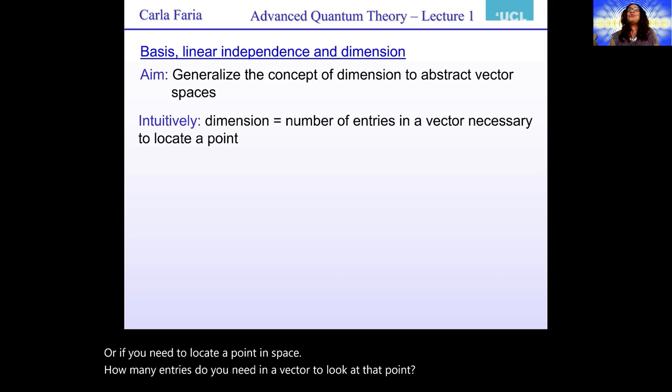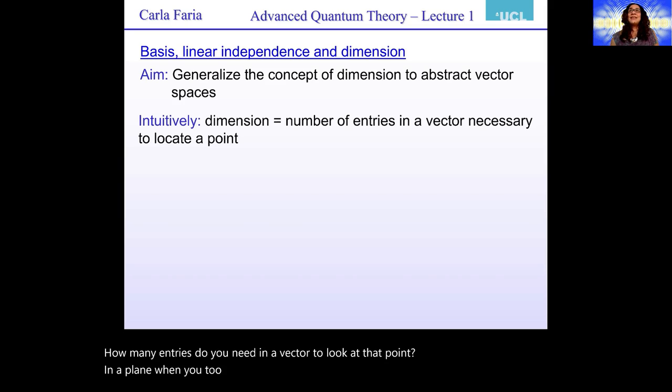In a plane, you need 2, right? 2 coordinates. In a space, you need 3. You don't need more, but if you have fewer entries, you're going to fail, right? So if you think about it, dimension is like the minimal number of entries in a vector that you need to locate a point.